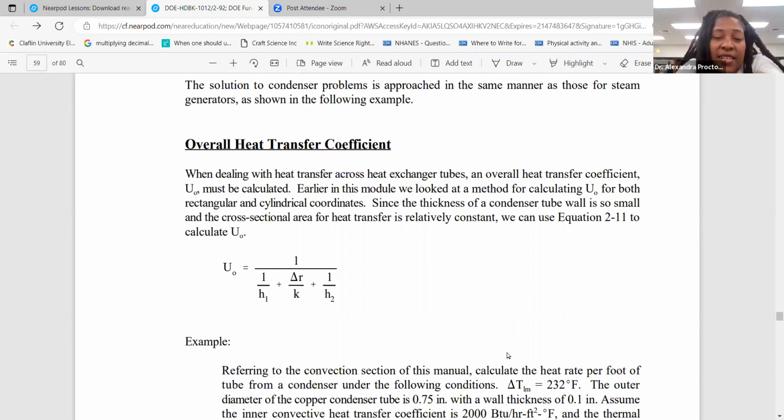Since the thickness of the condenser tube wall is so small and the cross-sectional area for heat transfer is relatively constant, then you can use this equation: U sub zero is equal to 1 divided by 1 over H1 plus delta R over K plus 1 over H sub 2.